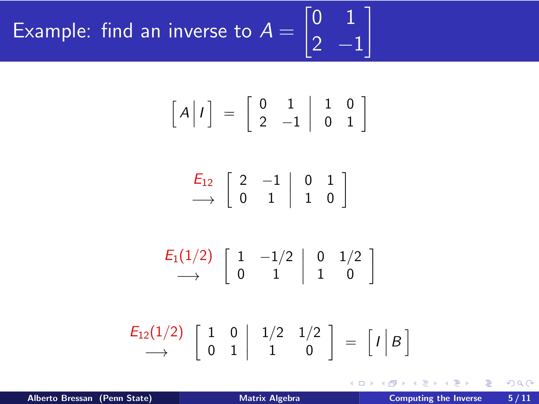That's this elementary matrix, and then add half on top of here, you get a half. So we reach here, and we see that the left portion of this composite matrix now is the identity, and the second half of it is the matrix B, which is the inverse of A.